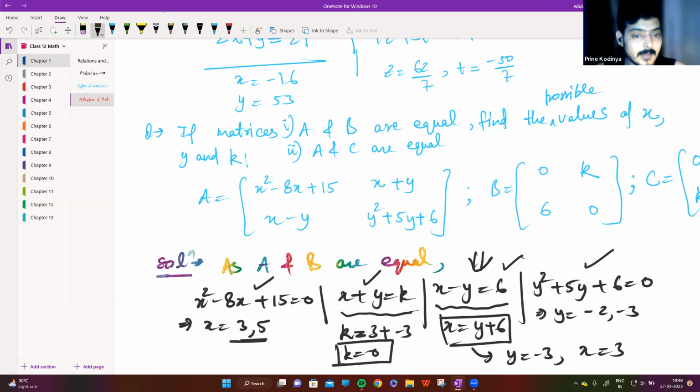There may be multiple values as well. It may be possible that the 2 roots of first equation are 3 and 4. If the 2 roots are 3 and 4, in that case, y is equal to -2 will give you 4, and y is equal to -3 will give you 3, and both of these will satisfy the question. And in that case, there will be 2 solutions.